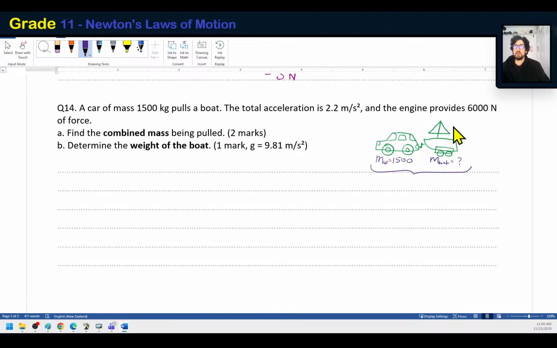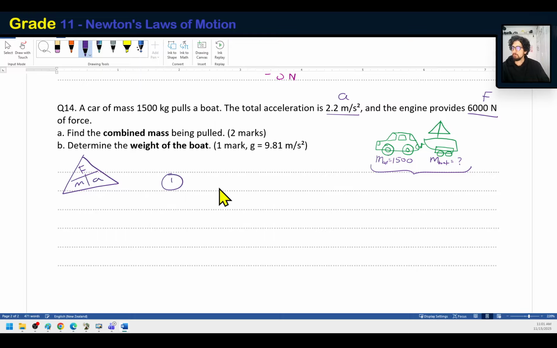So here's the thing. We have the force over here, the total force. And we have the acceleration. And of course, when the car's moving, it's pulling the boat. It's one entity. They're together. So once again, force, mass, acceleration.